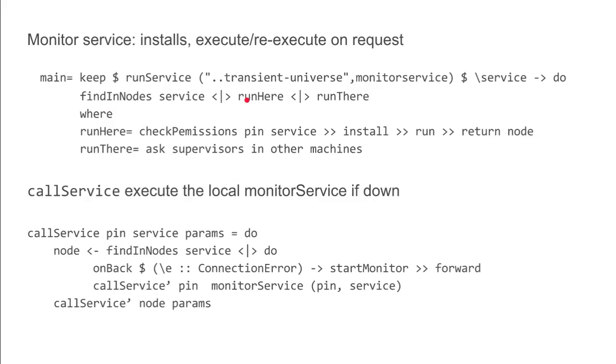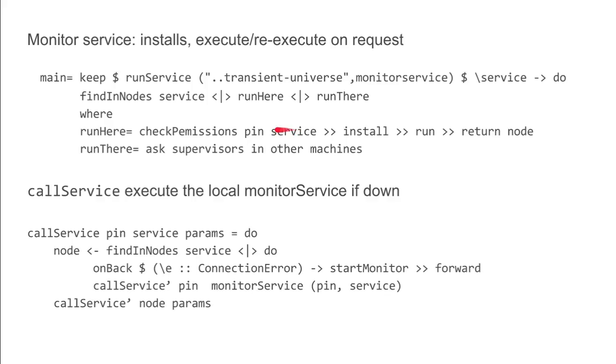Running here might not succeed, because there is a checking of permissions, and the checking of the service depends on a temporal personal identification number sent by the service call.